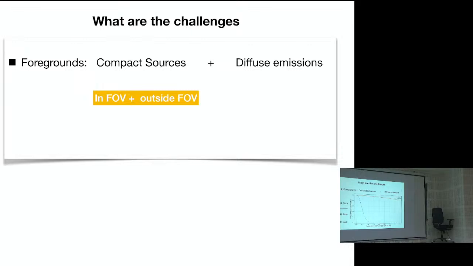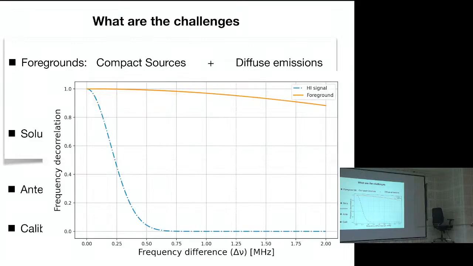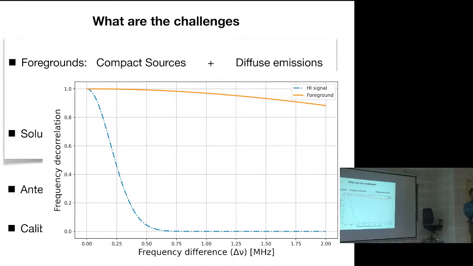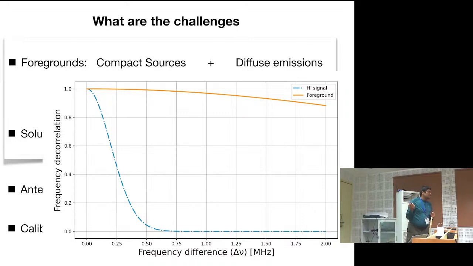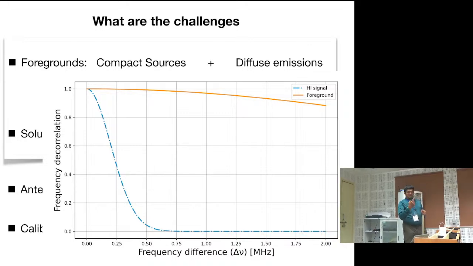Okay. Now, how do I address this question? How do I separate out the foregrounds from the H1 signal? It turns out that the H1 signal has a property which is completely different from the properties of the foreground. The property is the following. Remember that we correlated the visibilities at two different frequencies, at a frequency separation.